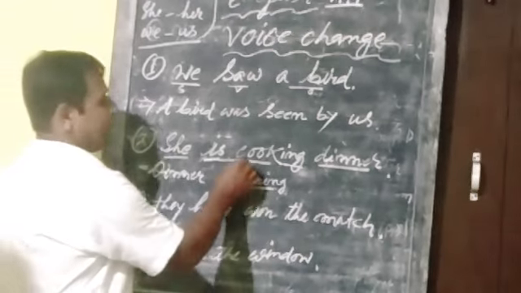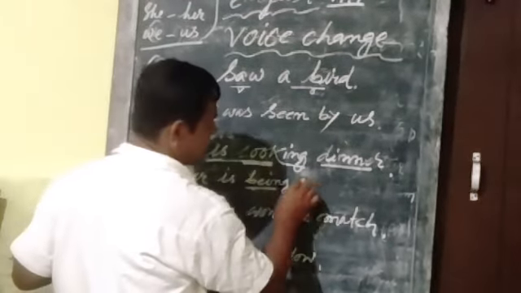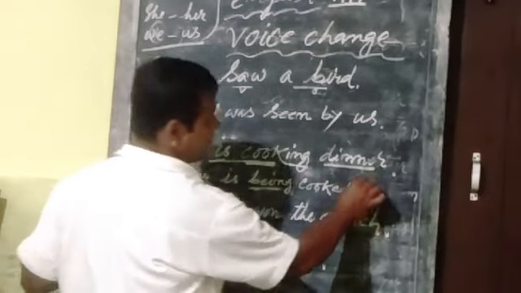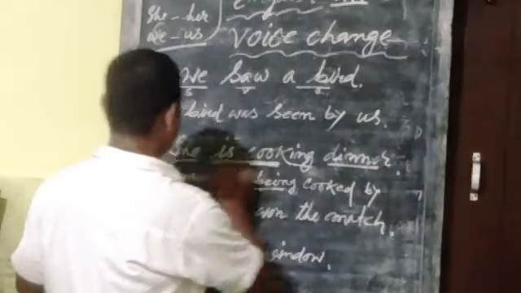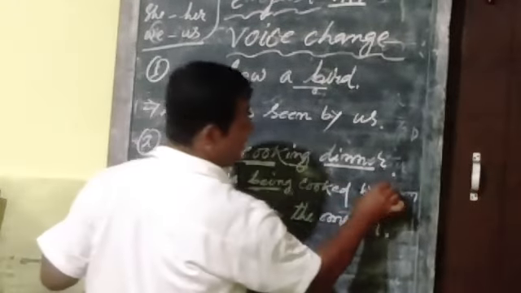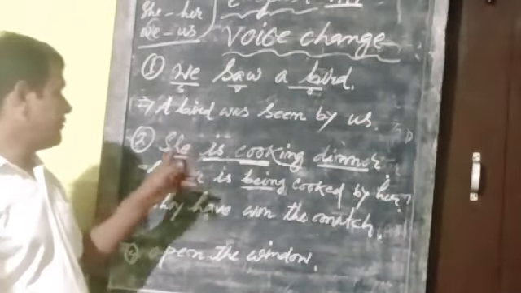Now our main verb is cook. Third form of verb is cooked, C-O-O-K-E-D. Now one by preposition, then subject will go in place of object. That means she will become her. Clear? Same formula.